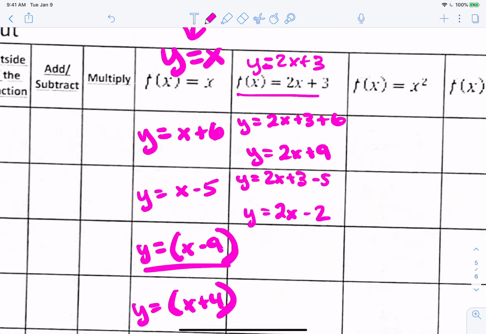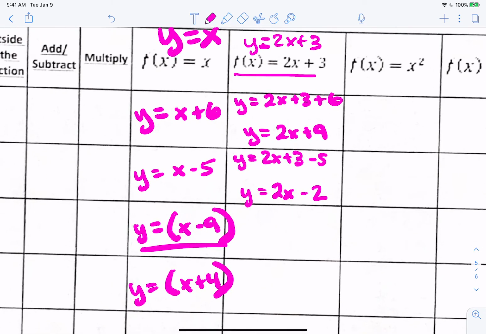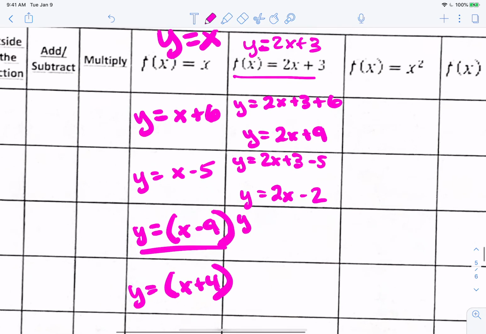Okay? Now, 9 units to the right. This one's going to look a little funky, weird. Y equals, how do I do that? You use parentheses, but where do I put the x minus 9? Yes. So instead of him being 2x plus 3, inside where the x was, I put the x minus 9 there.